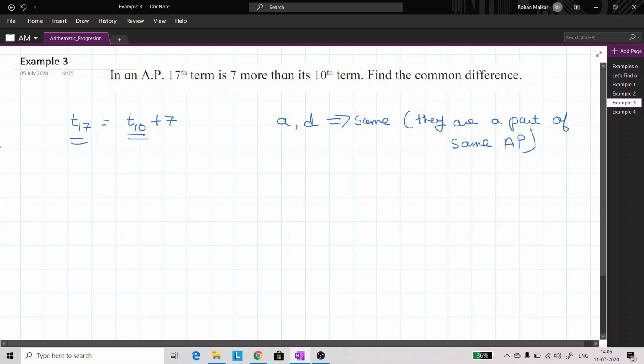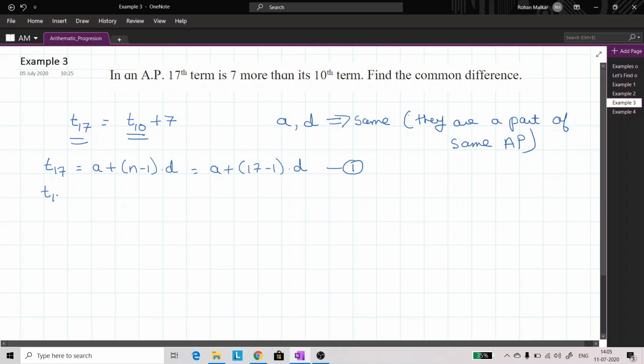So for the 17th term, T17, I'll write this as A plus n minus 1 into D. If I substitute the value of n, I get A plus 17 minus 1 times D. This is for the 17th term. So I'll say this is equation number 1.